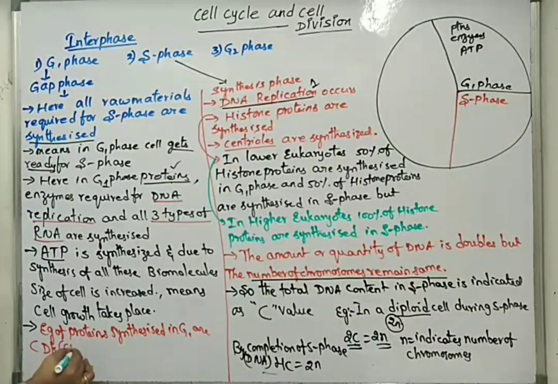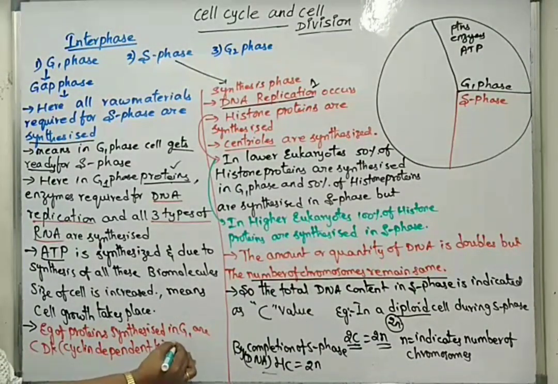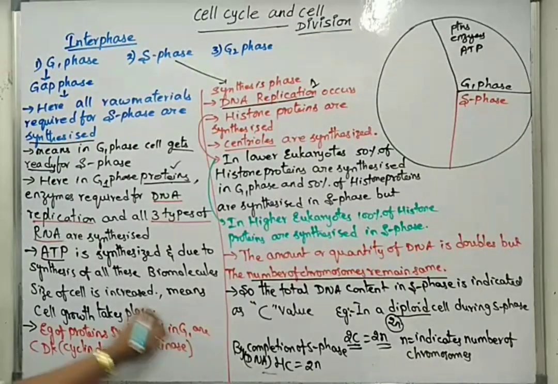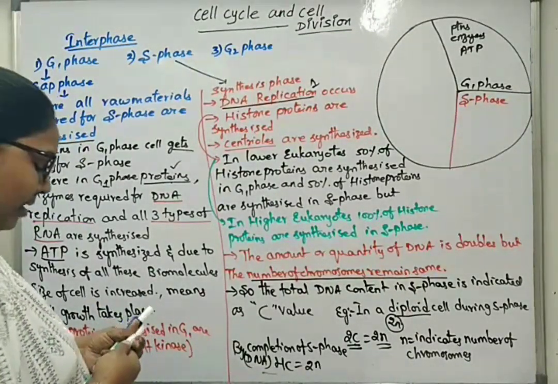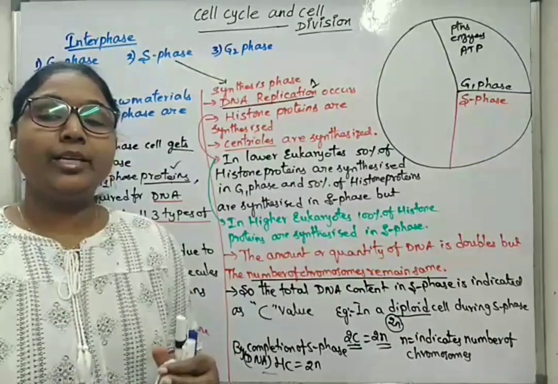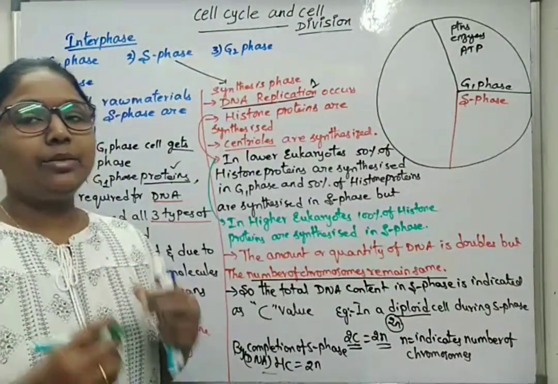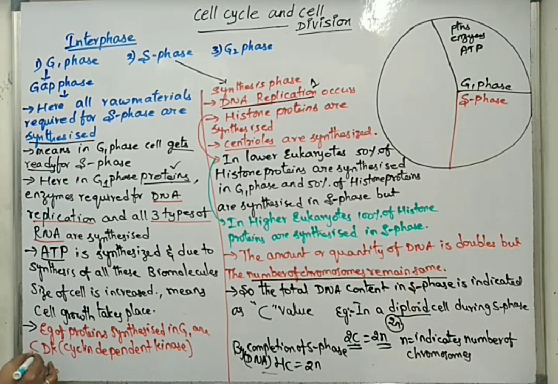CDK means cyclin dependent kinase. This protein is necessary to initiate cell division. Initiation means this protein is very important for the transcription and translation process. CDK is necessary to initiate cell division.